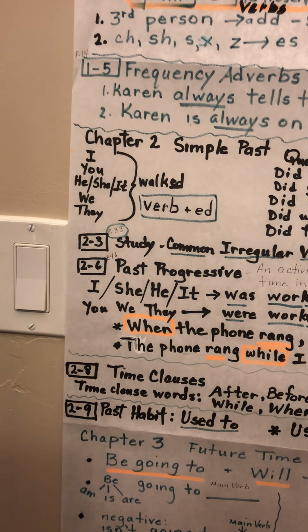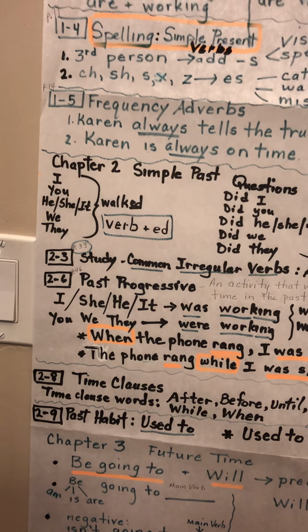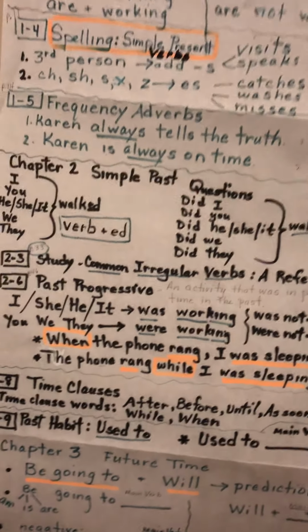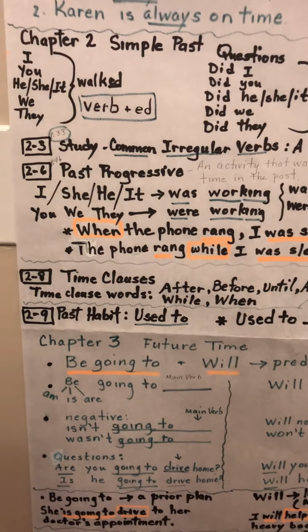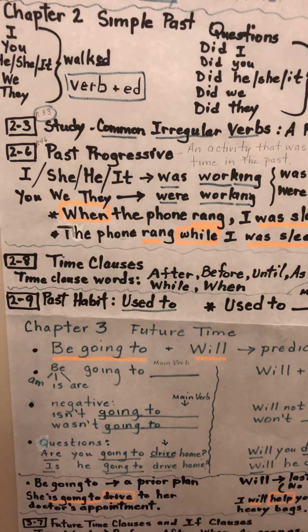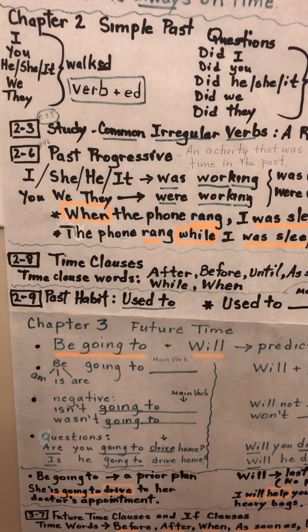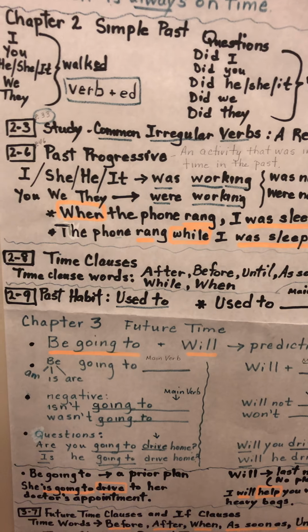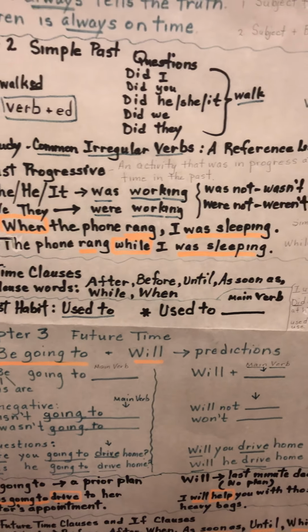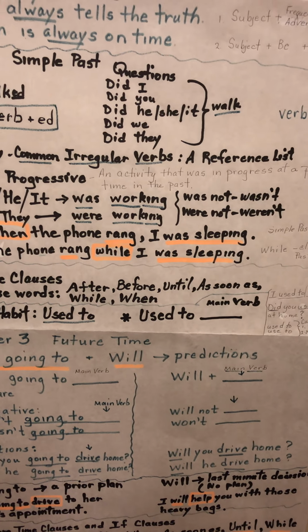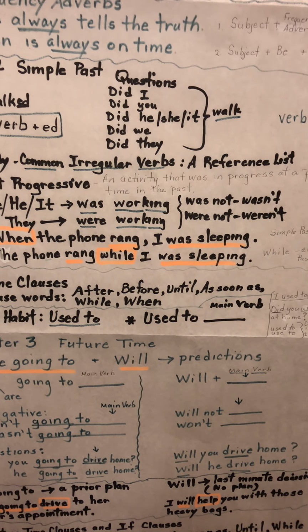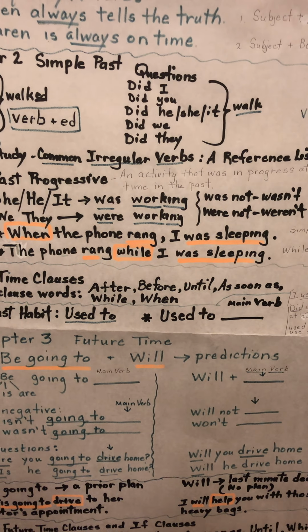You can go back to 2-8 to practice time clauses. Let's go to 2.9. And we continue with past habits using used to. Whenever we use used to, the verb that follows is in simple form.